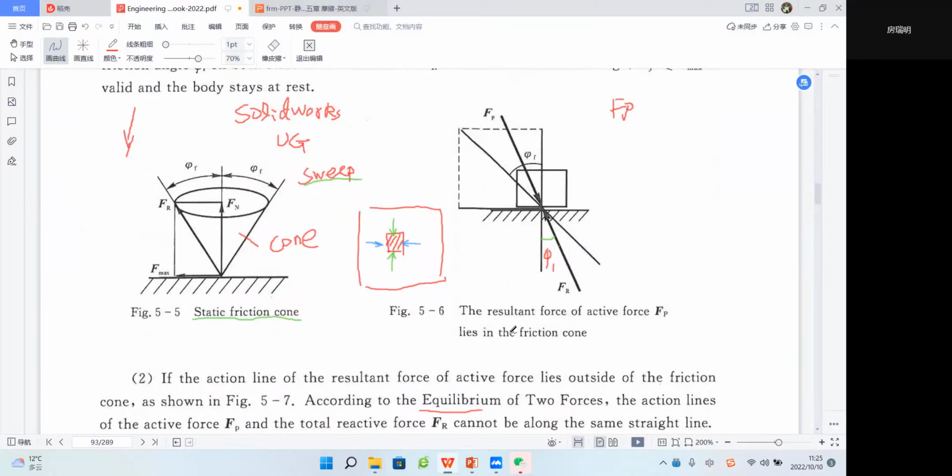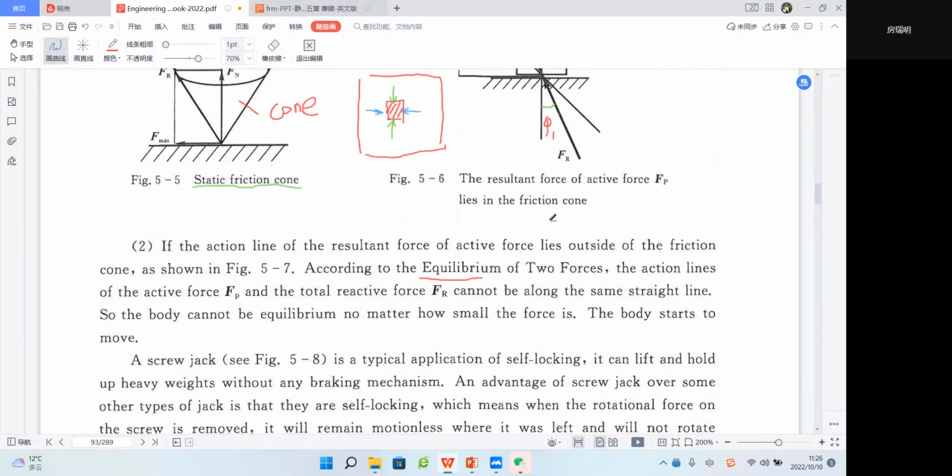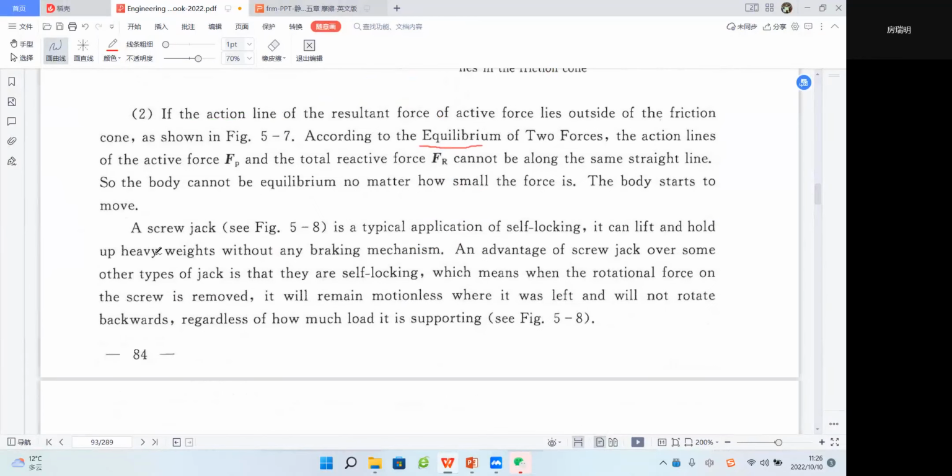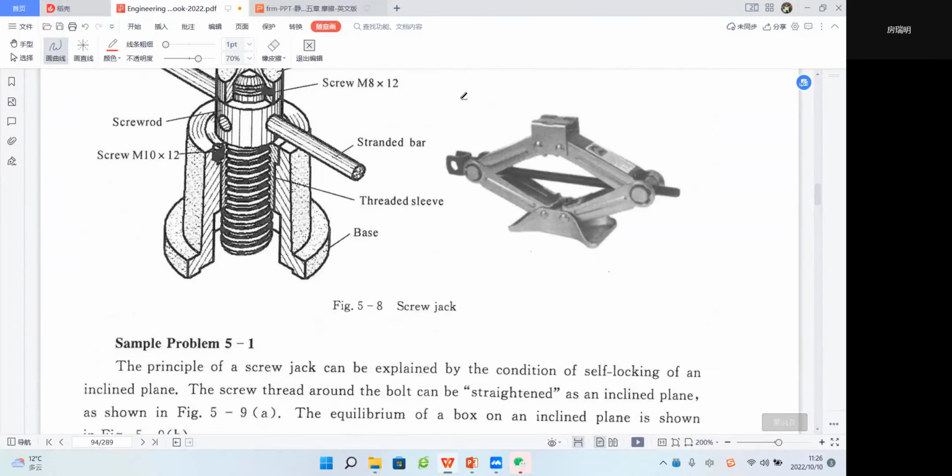So this so-called self-locking is very important in some engineering cases. Let's say a screw jack is a typical application of self-locking. It can lift and hold up heavy weight without any braking mechanism. You guys can see this. Are you familiar with this device?